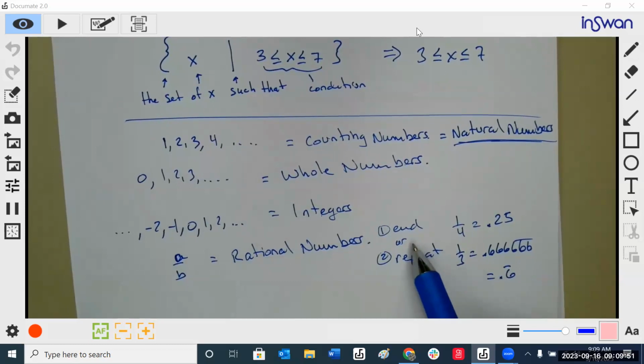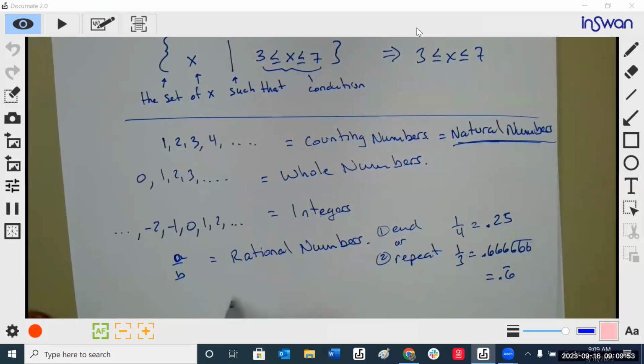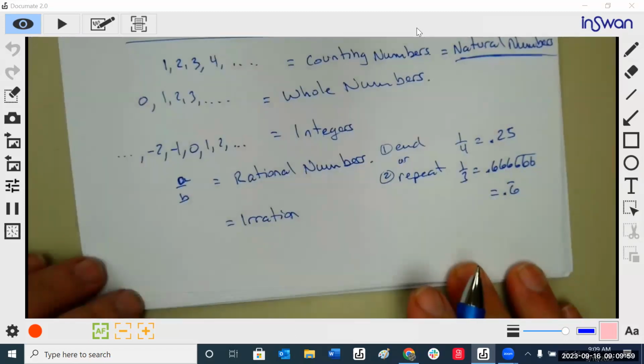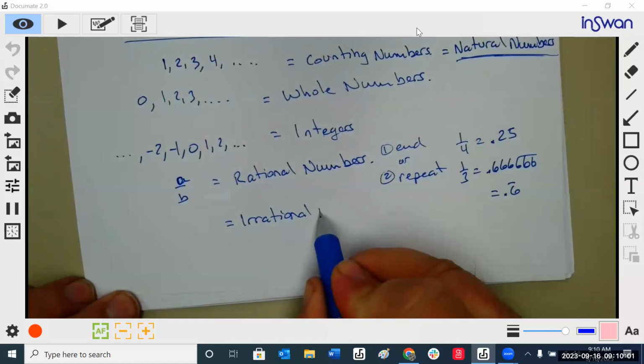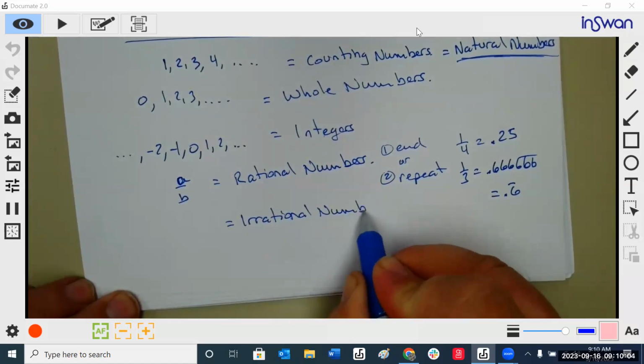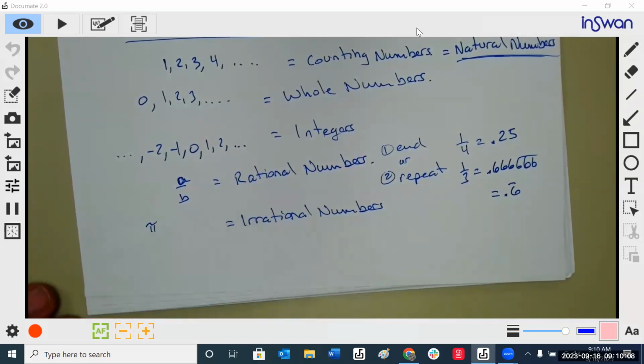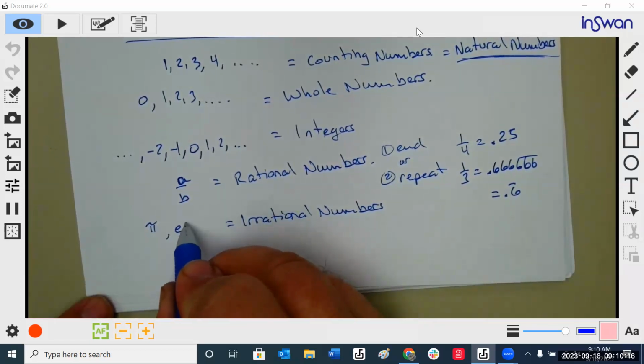What if it's not repeating and it's not ending? We call those irrational numbers. Like pi. It has no ending, no repeating. There's another number called Euler's number, E. It's used in engineering a lot and in business.